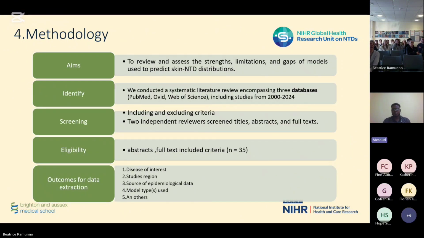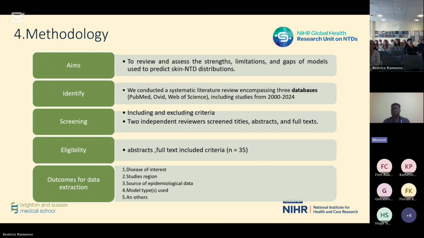So after we set our aim and objectives, our methodology: our aim is to review and assess the strengths, limitations, and gaps of modeling used to predict Skin-NTDs. We conducted a systematic literature review in three databases: Web of Science, Orbit, and PubMed, and included studies from the period 2000 up to 2024.